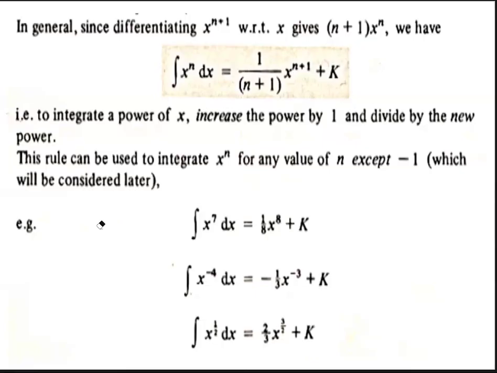So here you have a standard formula. If you have x to the n, and you are integrating this with respect to x, that's why you have the dx there, right? It means you are integrating x to the n with respect to x. This is the integral sign there.